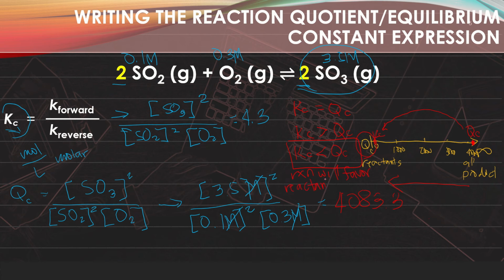Ibig sabihin, papunta yung ating reaction, papunta sa reactants. Kapag si KC naman ay mas mataas kay QC, so ibig sabihin, in this case, ang reaction natin will favor towards the product. So, reaction will favor the product. Ibig sabihin, yung reaction natin ay papunta mula sa reactant papunta sa product.